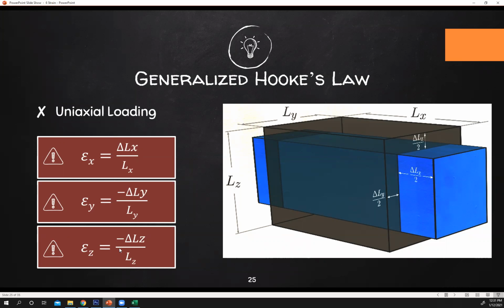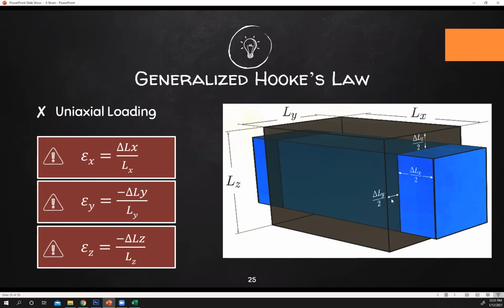Now look here, why negative? Well, there's this phenomenon that happens when you contract or elongate a certain object, the rest of the dimensions will contract or elongate depending on the force. So you can already imagine, as illustrated in this figure, when you elongate along the x-axis, your object will contract along the z and y axis.